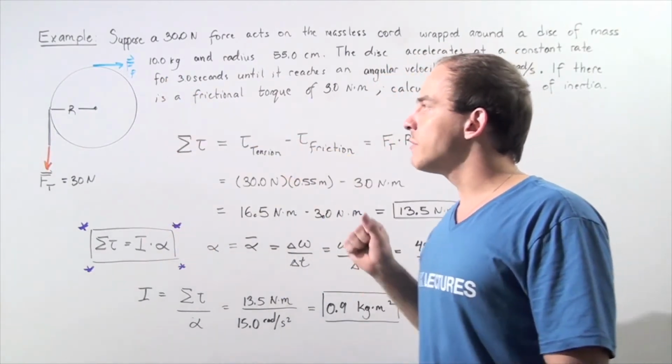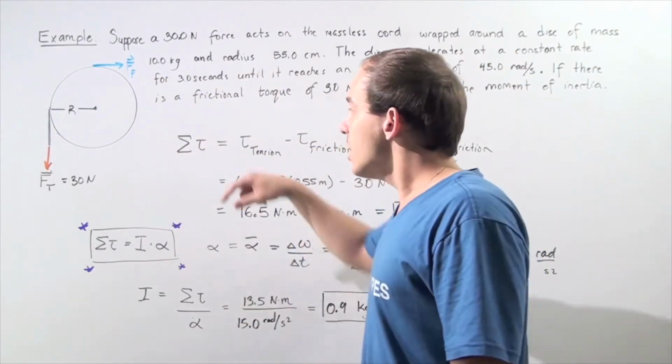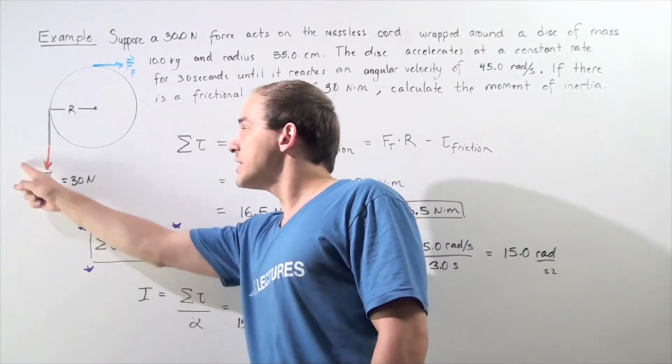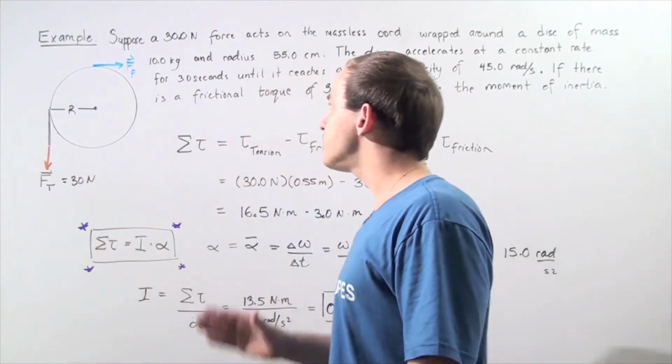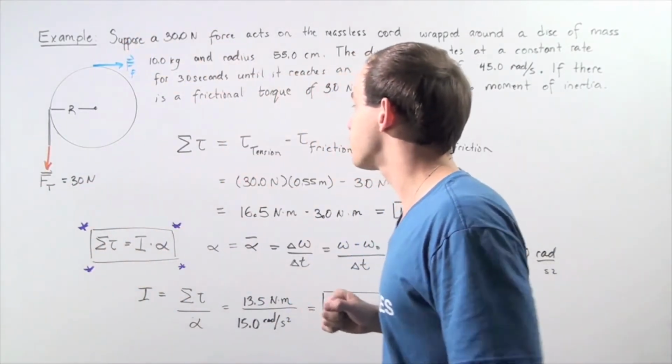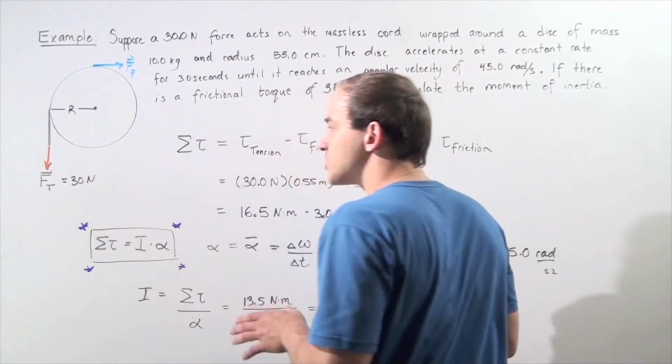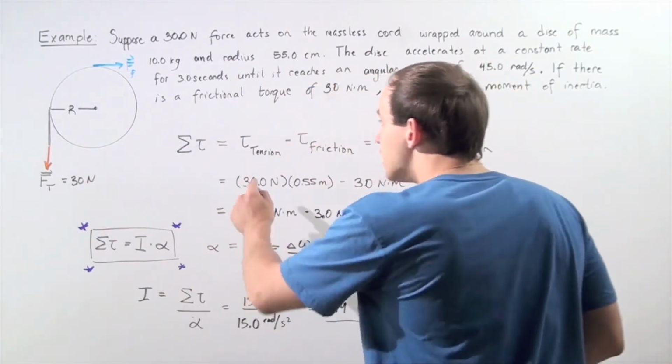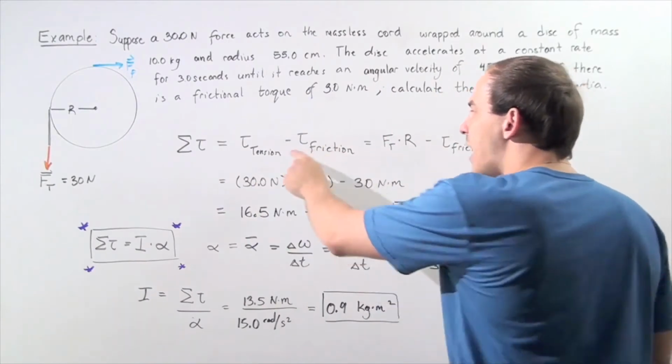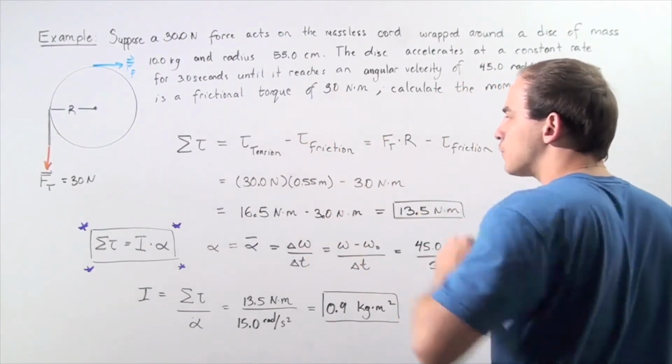So in this example we have two torques. We have the torque that is due to this tension force, and we have the torque due to the frictional force. So we choose this torque to be positive. So torque tension is positive minus our torque due to friction.